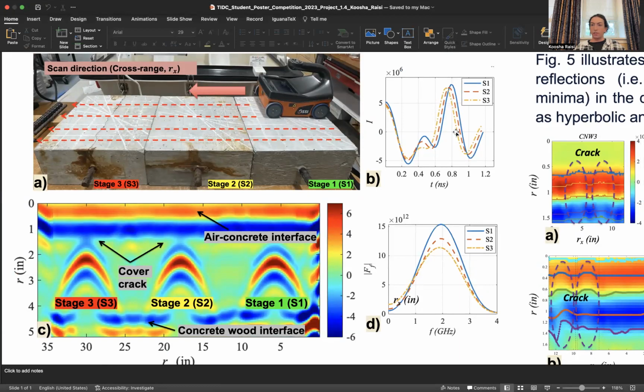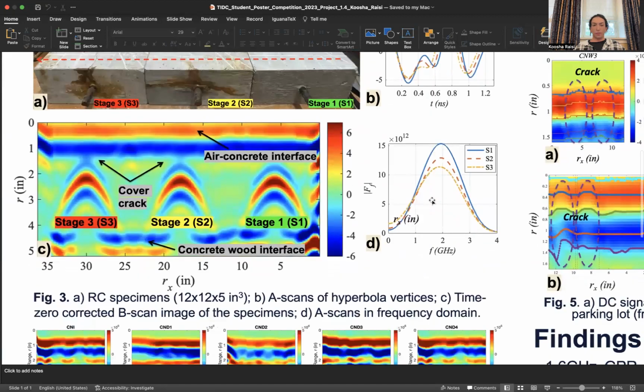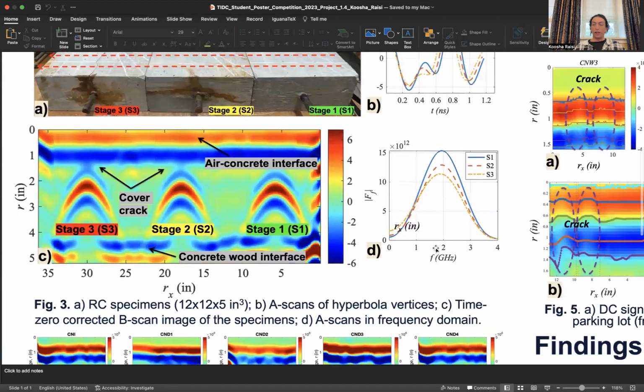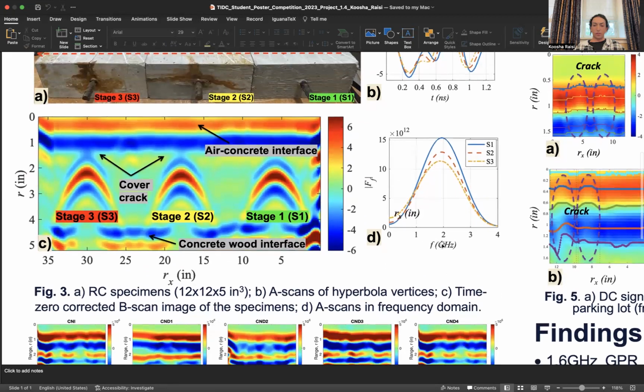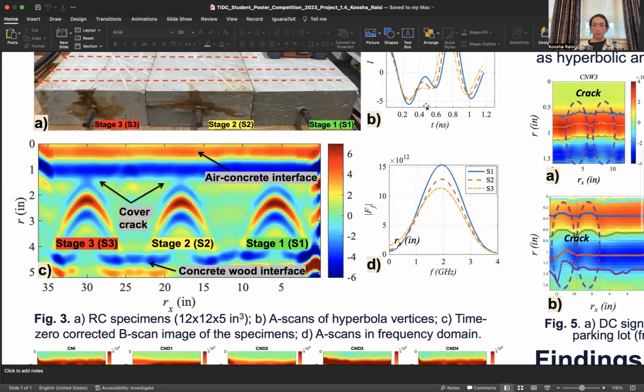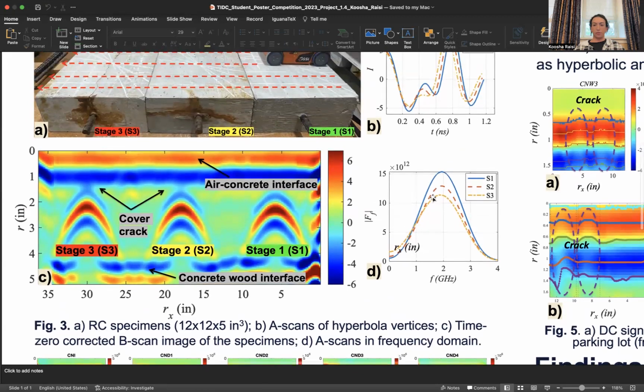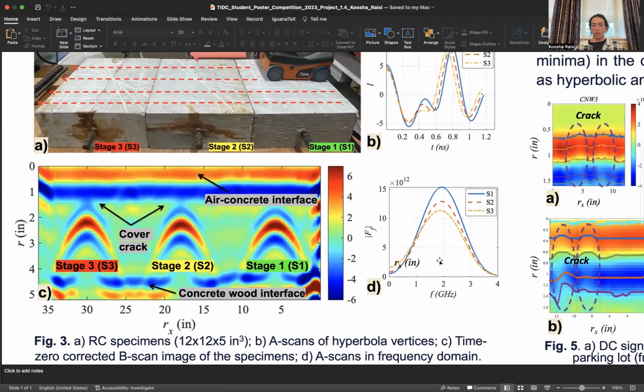Also, the travel return time of these signals is reduced. So these are two things we found out from this. And again, doing a Fourier transform and seeing this A-scan signal in the frequency domain, of course, we still see amplitude reduction, but again, we also see frequency reduction.